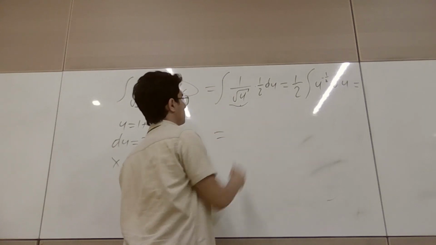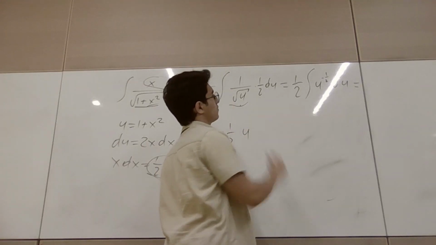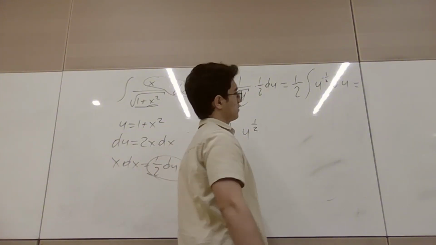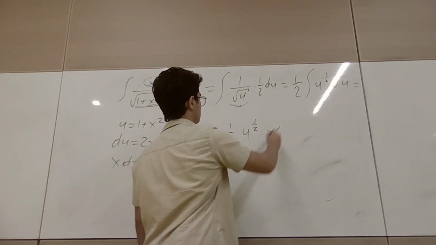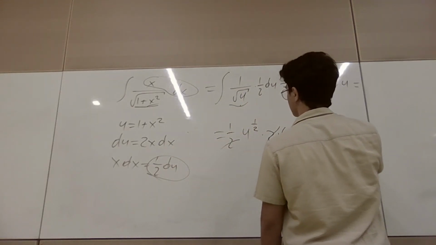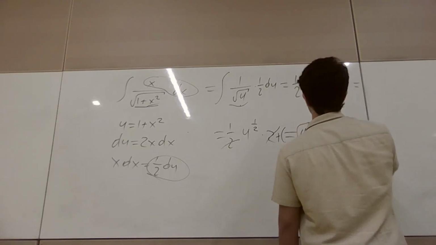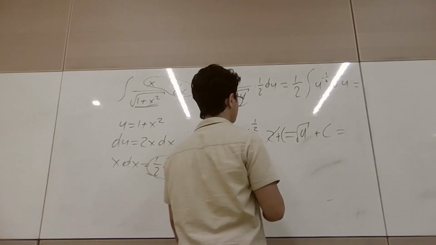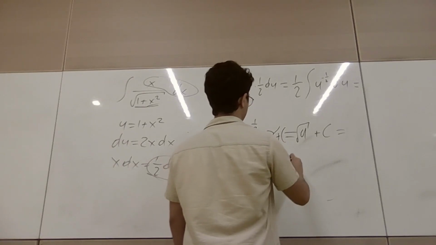And we know this integral is 1/2 times u to the power of minus 1/2 plus 1, which is 1/2, and then if we divide by 1/2, it's multiplied by 2, and there is plus c. It's 2 square root of u plus c, and then we plug x back. It's 2 square root of 1 plus x squared plus c.